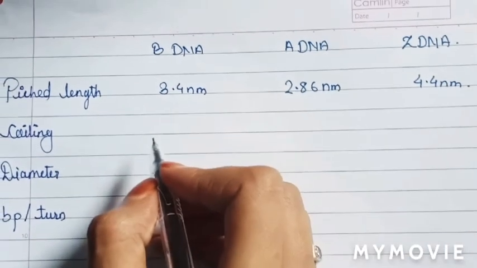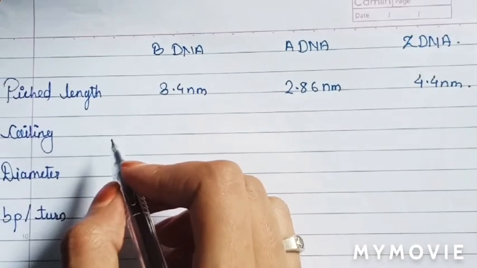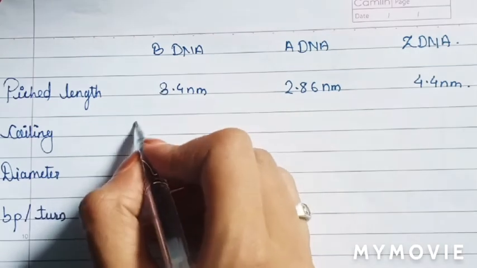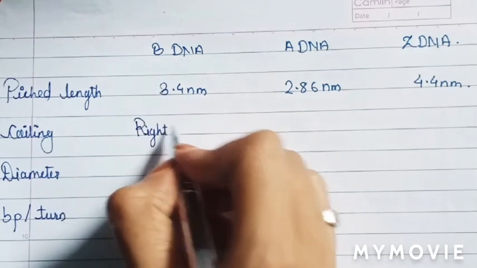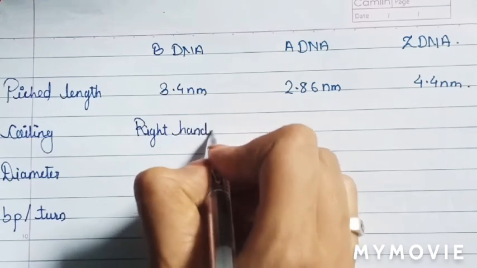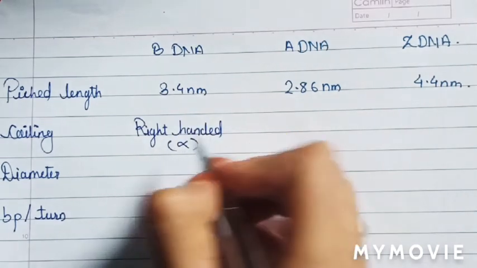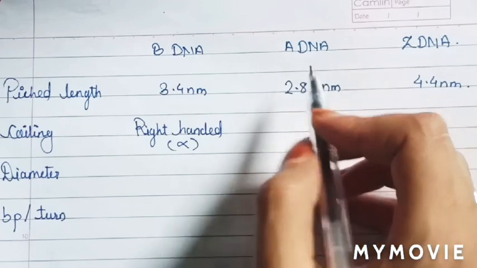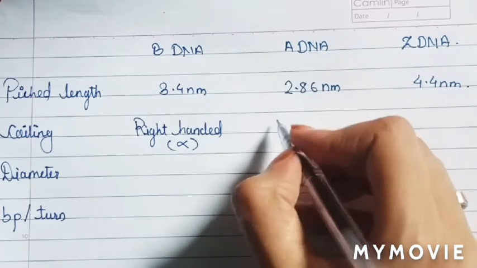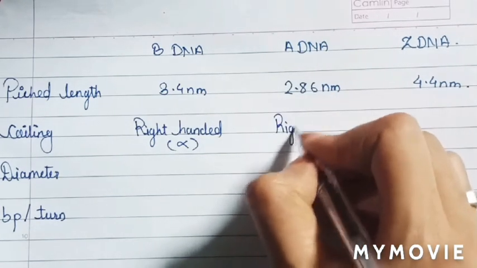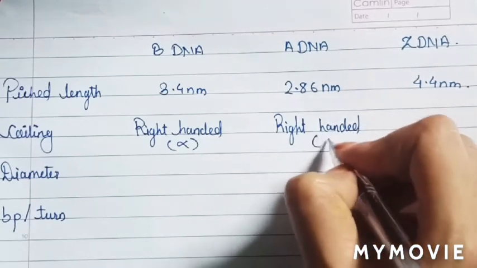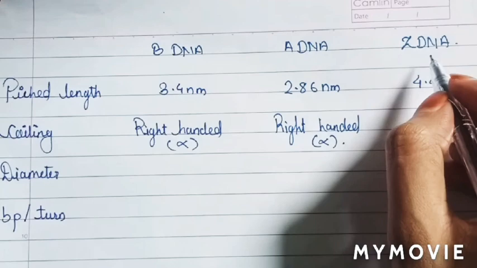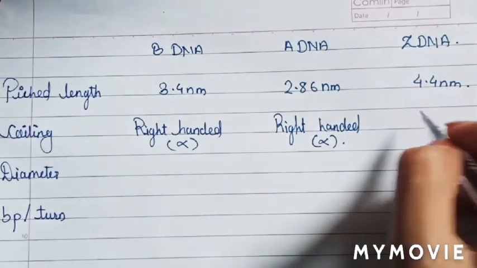Now if we talk about the coiling, B-DNA has right-handed alpha coiling, as well as A-DNA has right-handed alpha coiling, and Z-DNA has a left-handed helical structure.